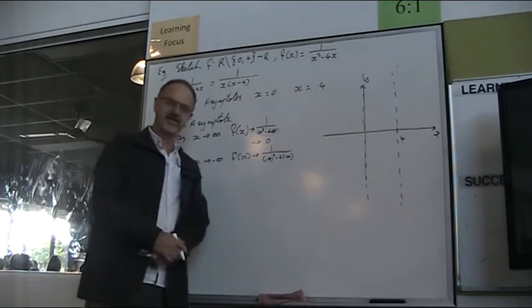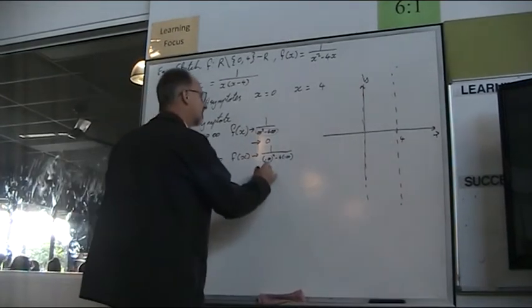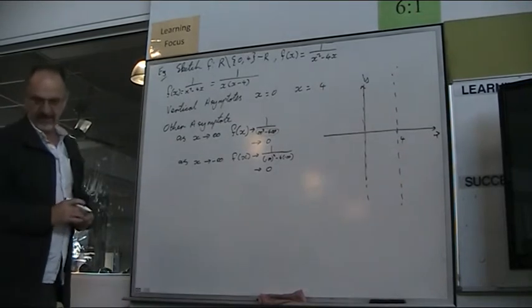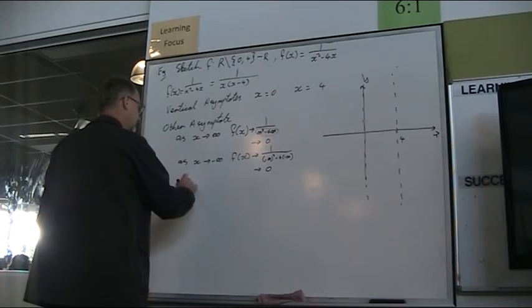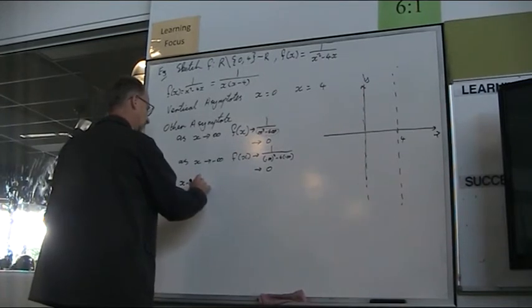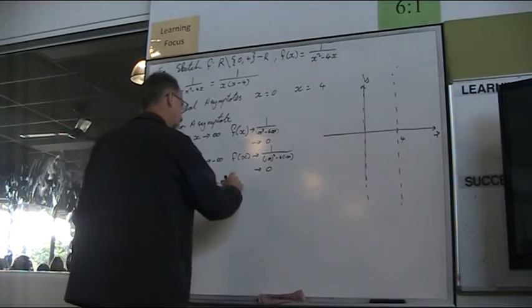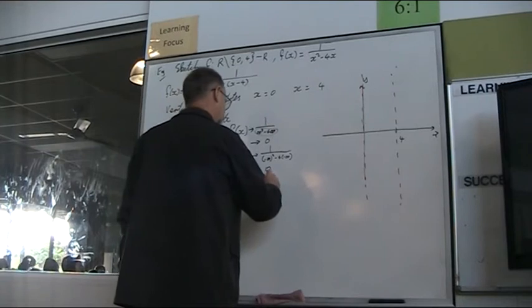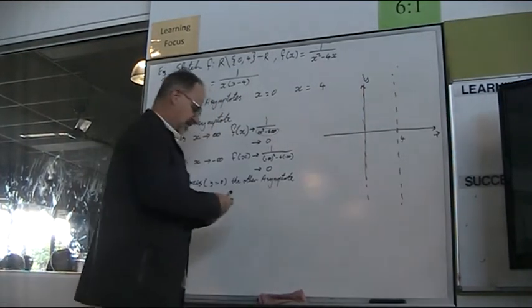So 1 over a massive number is a teeny tiny number, so again that's going towards 0. So our other asymptote then is our x-axis. All right.